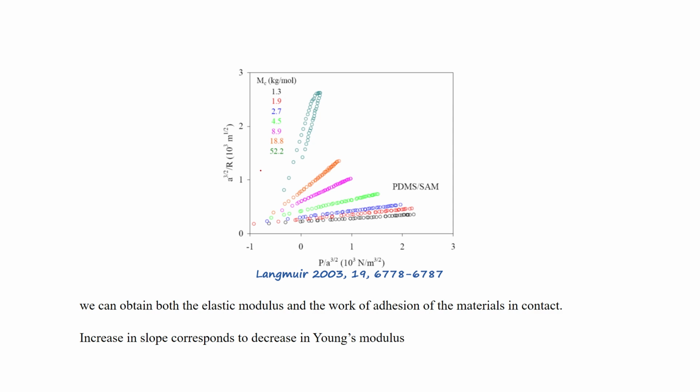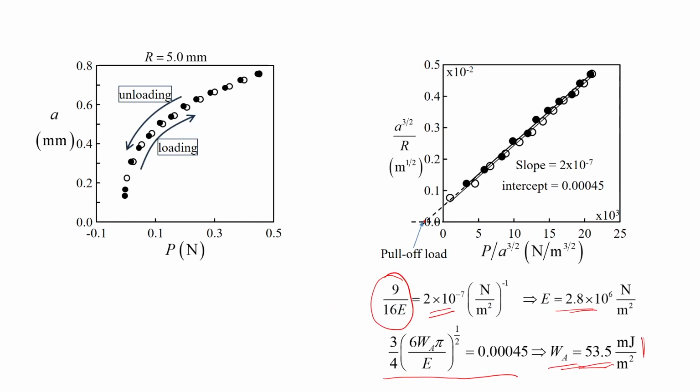The authors have plotted several sets of data, and in each case it defines one particular kind of material. This slope defines 9 by 16 E. So, as the Young's modulus increases, the slope decreases, or as the Young's modulus decreases, the slope increases.